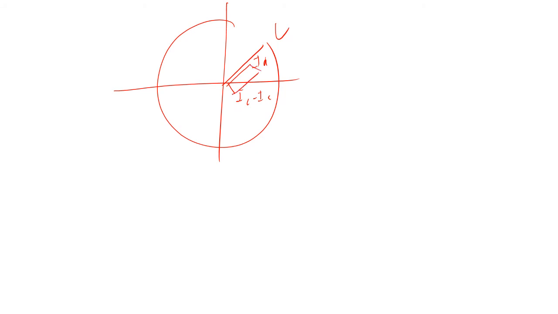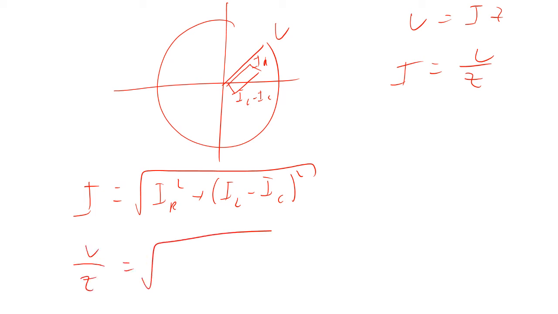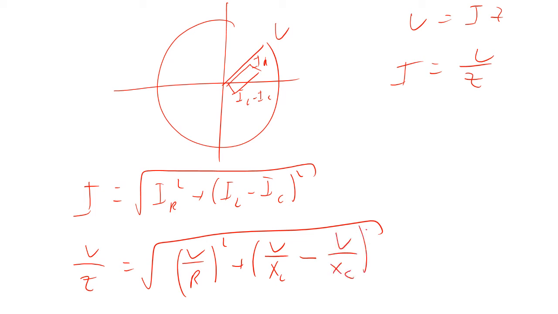And so the total I is going to be the square root of IR squared plus IL minus IC squared. Well, if V equals IZ, then that means that I equals V over Z. Okay, so V over Z equals the square root of V over R squared plus V over XL minus V over XC, squared.